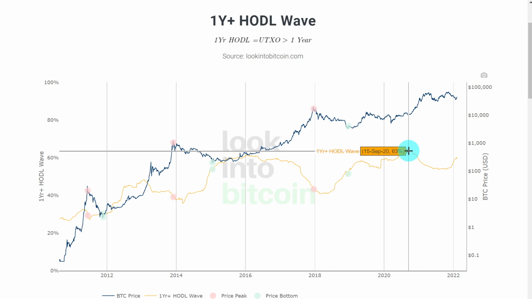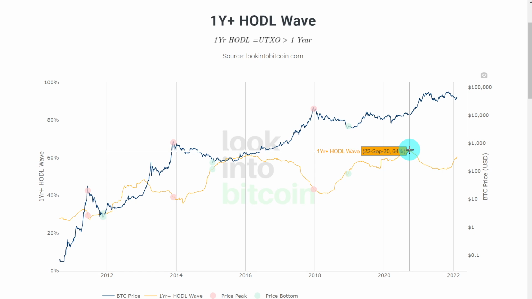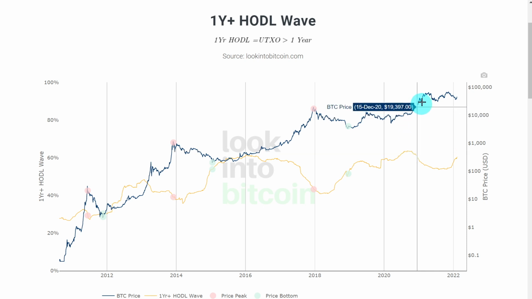In August, September of 2020, we had an all-time high again. This level is higher than the level in January 2016. 64% of all of Bitcoin's wallets had not seen any movements of their coins, and that then preceded the next rally.